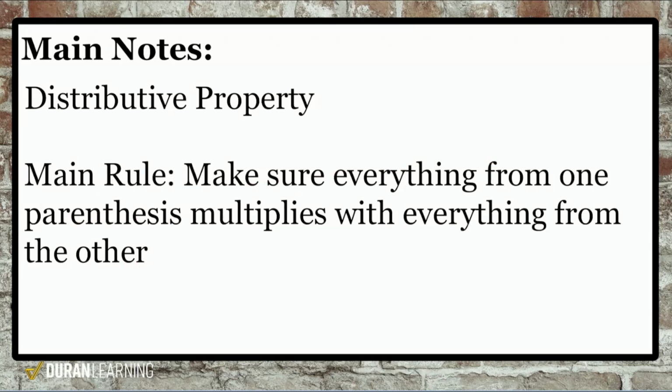So for example, everybody, let's say we have 2x multiplied by (x plus 5). Well, our goal is to make sure that the 2x multiplies with the x, and also that the 2x multiplies with the 5. So every term that you see inside the parentheses needs to be multiplied by what's on the outside.